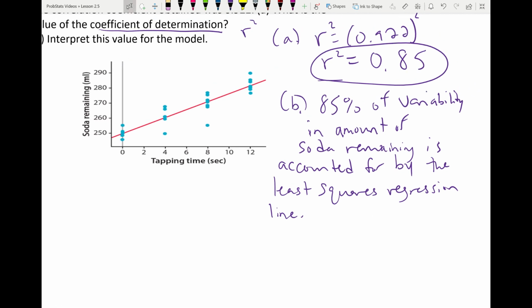In other words, 85% of the variability has been reduced in going from the Y bar to the Y hat, and going from the average amount to the least squares regression amount.